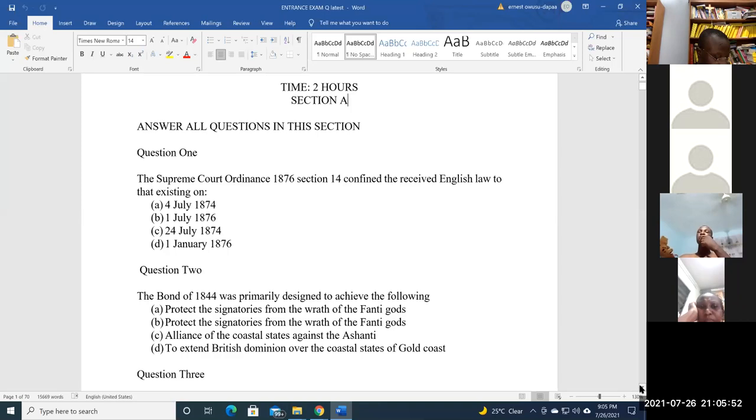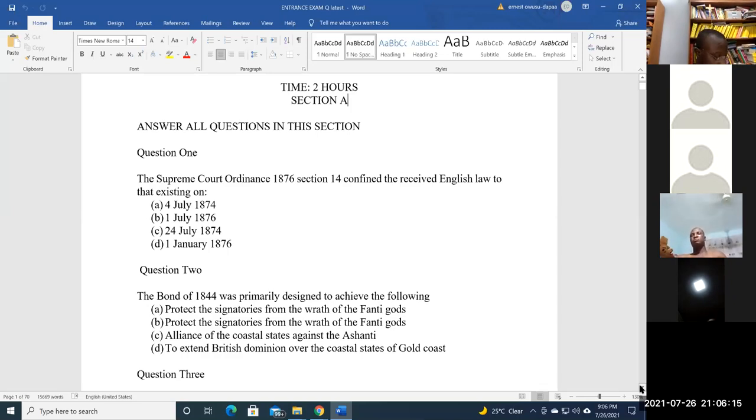If you look at section 14 of the Supreme Court Ordinance, I have the provision, and I quote. If I am to project it, I have to stop sharing screen and start another screen, so let me just quote from another pad.